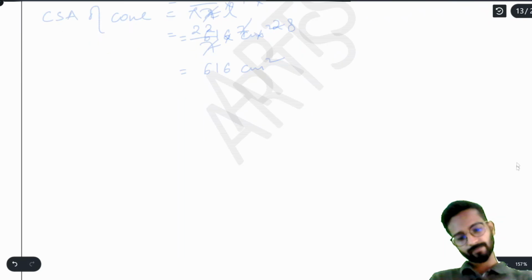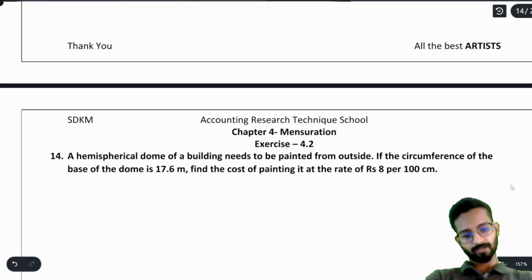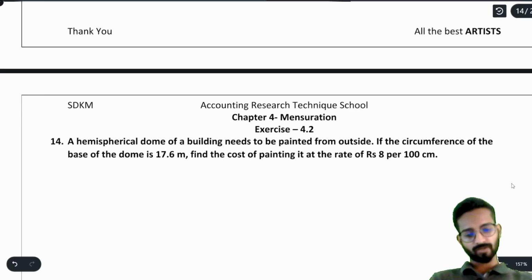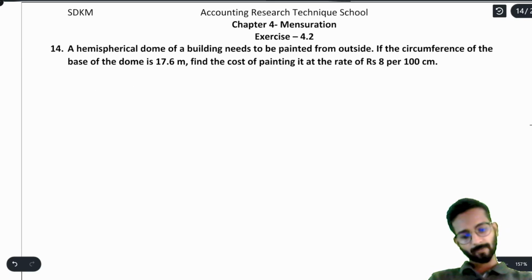Simple enough. Now the next question we have here is question number 14. A hemispherical dome of a building needs to be painted from outside. If the circumference of the base of the dome is 17.6 meters, find the cost of painting it at the rate of rupees 8 per 100 centimeter square.